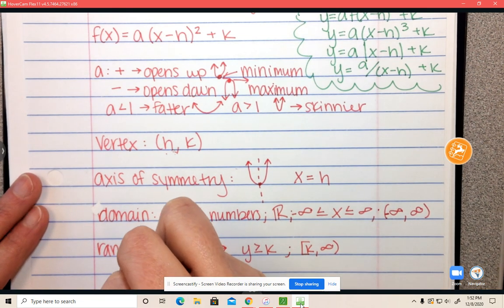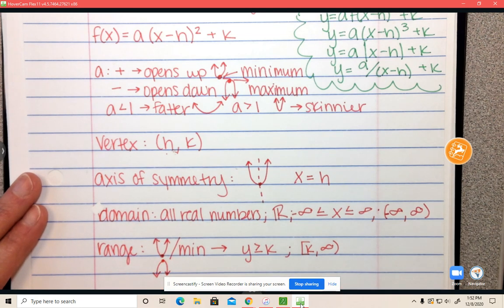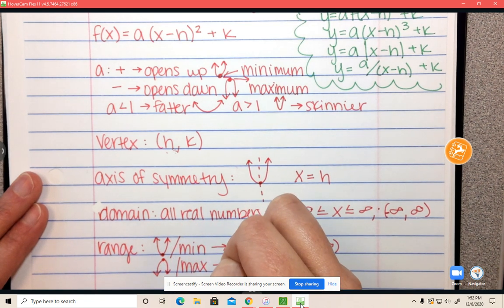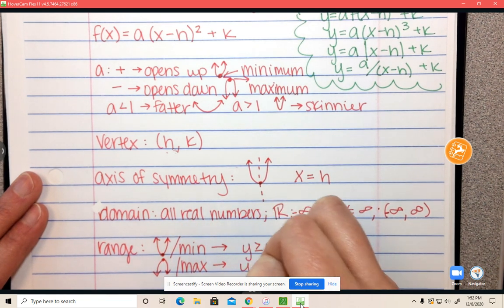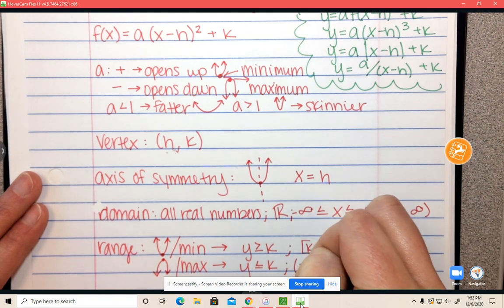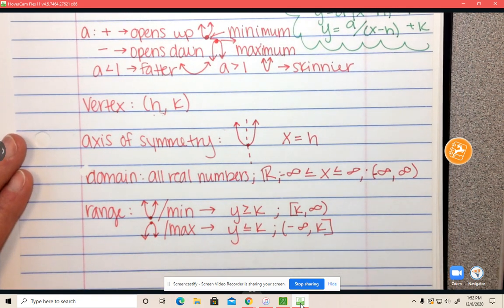Okay? If you have a quadratic function that opens down and you have a maximum, your range is going to be y is less than or equal to k. And so that would be negative infinity, comma, k, and k's in the bracket. Okay?